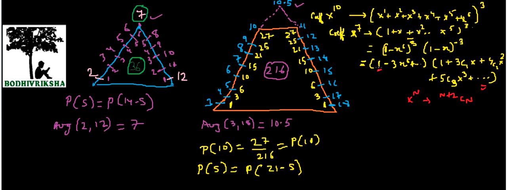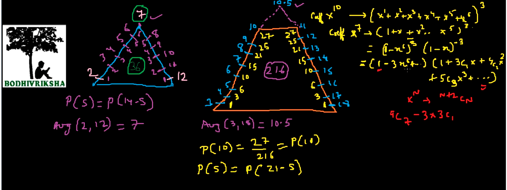So if I am talking about x to the power 7, I am talking about 9c7. Now we also have x to the power 6 with minus 3, so I can take a minus 3 into, now x to the power 6 needs to be multiplied with x to get x to the power 7. So I will only need the coefficient of x in the second expression, which happens to be 3c1.